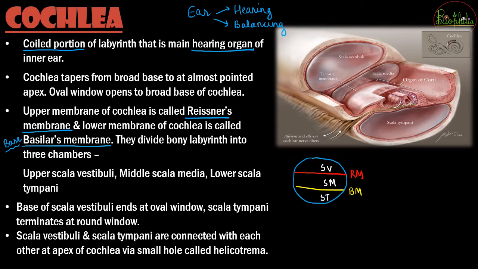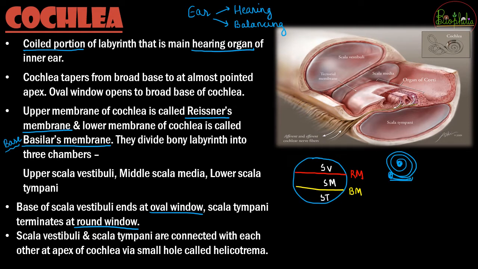Now the base of the scala vestibuli, the upper chamber. So scala vestibuli का जो end होगा, वो end कहाँ होगा? It will end at the oval window, and the scala tympani is going to terminate at the round window. Because it is a coiled section, right? It is all coiled up. Coil का जो start point होगा, that is inner, and the end point will be outer.